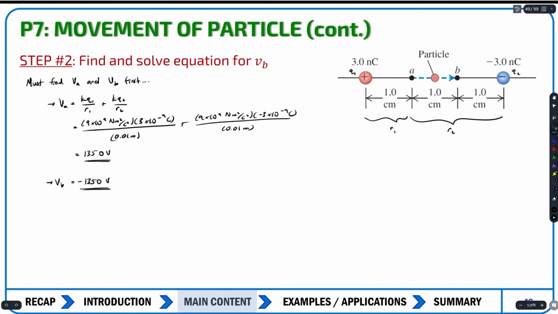Now, between the two of these, we can now solve for little VB, the speed. VB is equal to the square root of 2q0 over m times VA minus VB.